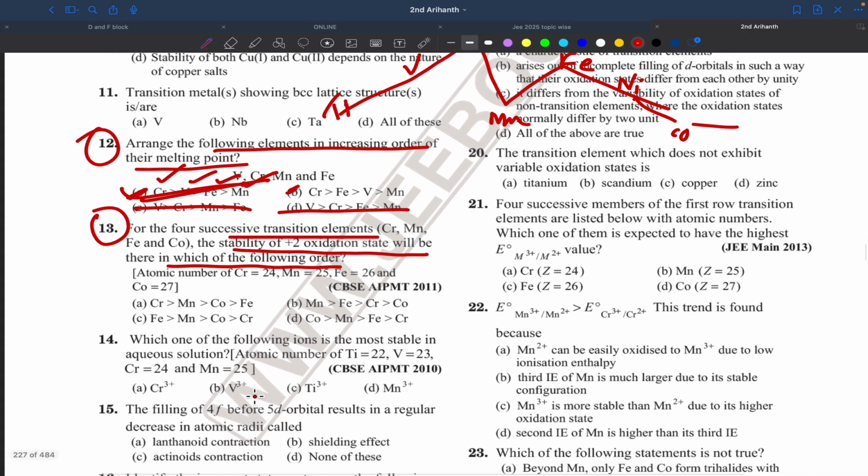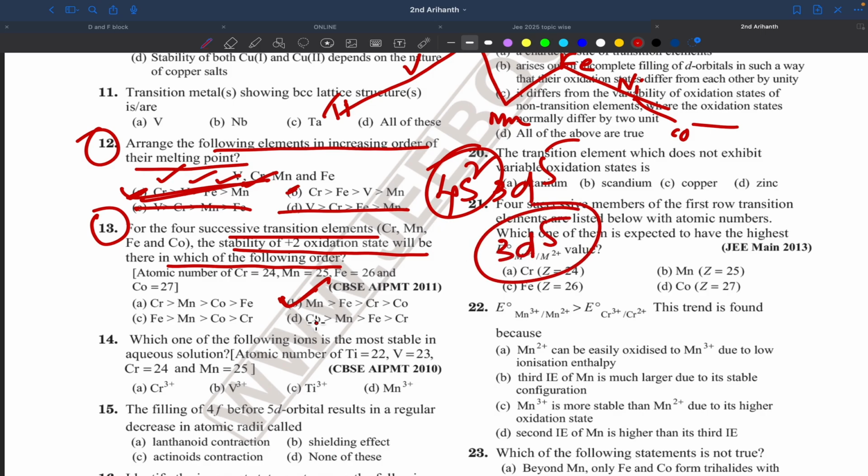Tell me, for which should the stability of +2 oxidation state be the most stable? So the answer is B, because manganese has 4s2 3d5 configuration. If it loses 2 electrons, it will be very happy with the d5 half-filled configuration.